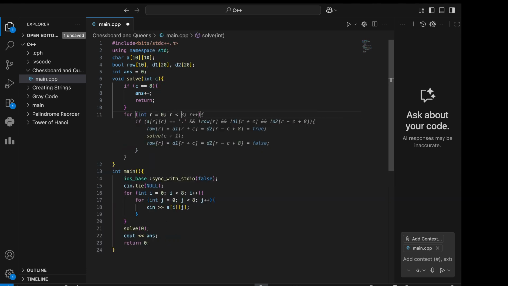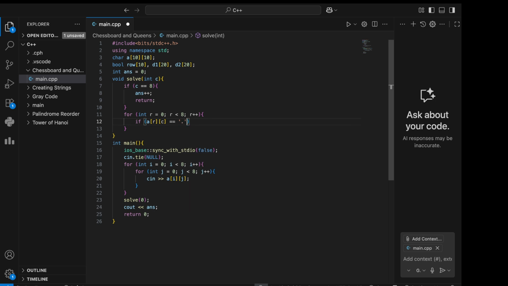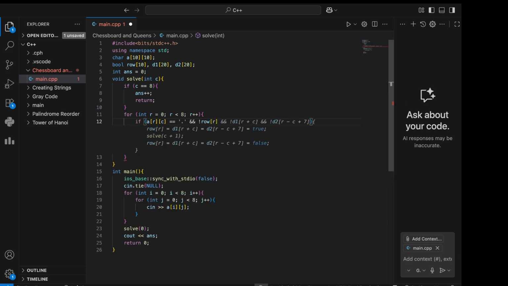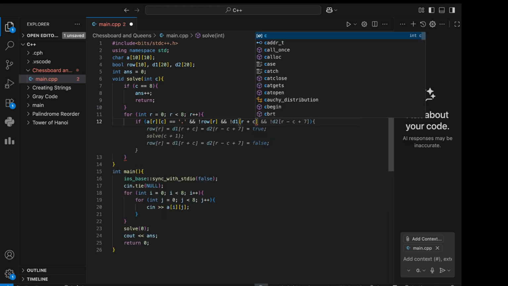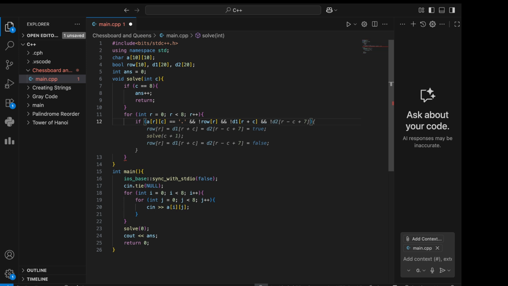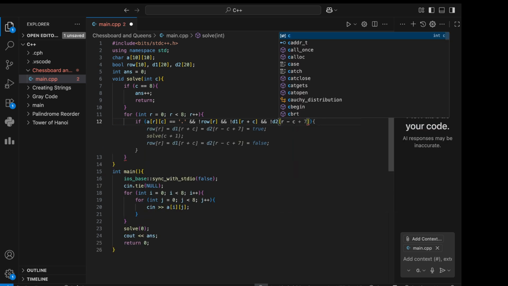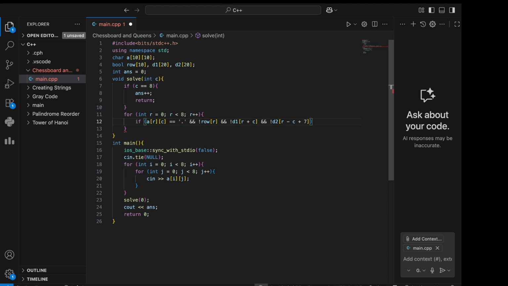Row 0. The diagonals that start at the top left corner to the bottom right corner are going to be D1, and their indexes are row plus column, and the second diagonal is going to be R minus C plus 7, because R minus C, for the diagonals from the top right corner to the bottom left corner, can be a negative number, so we must add 7 here.